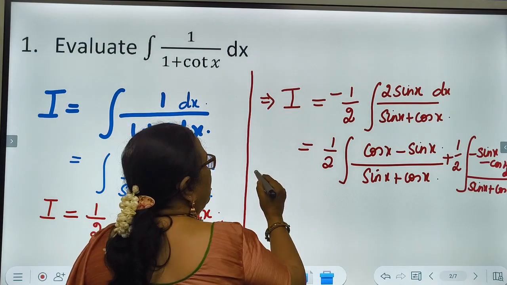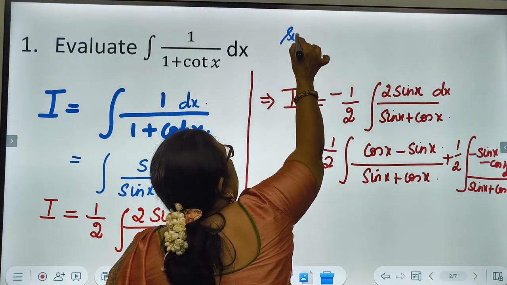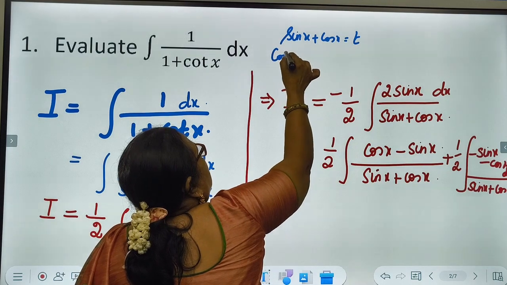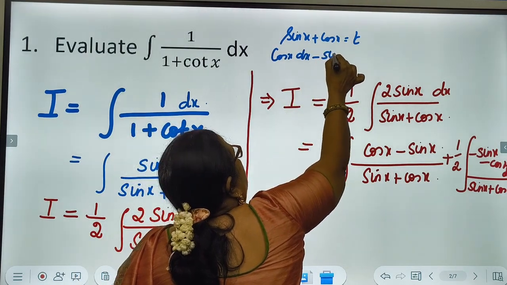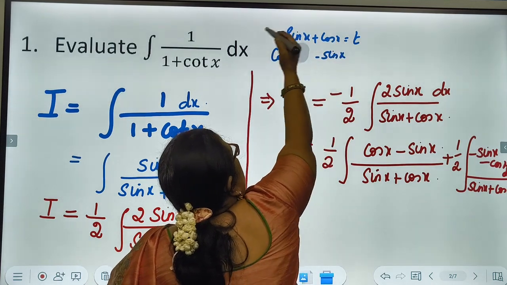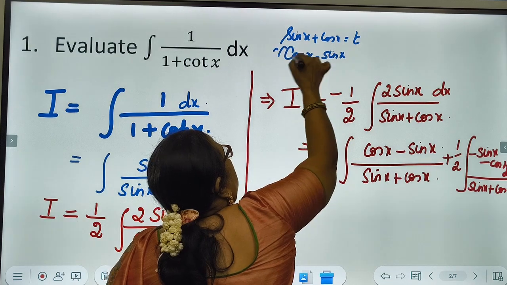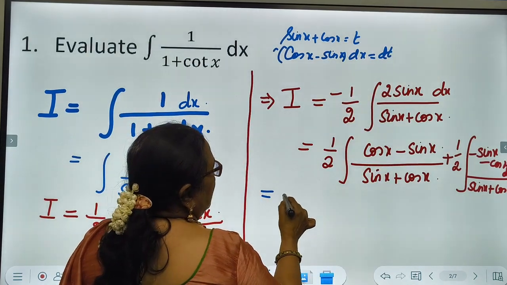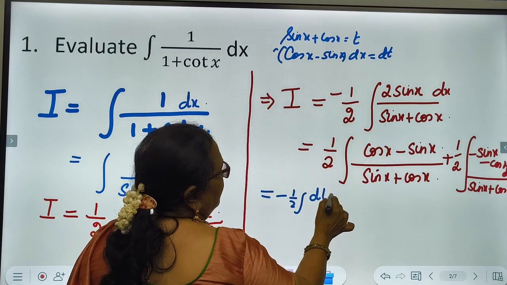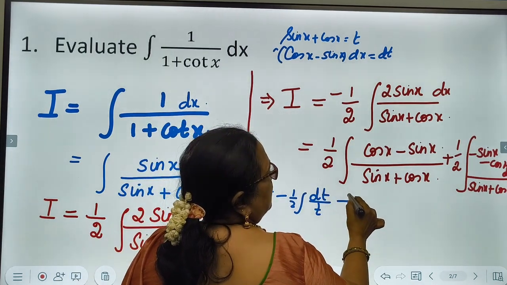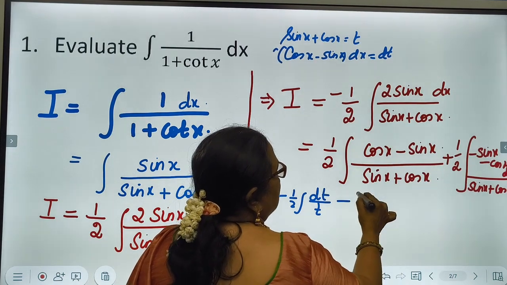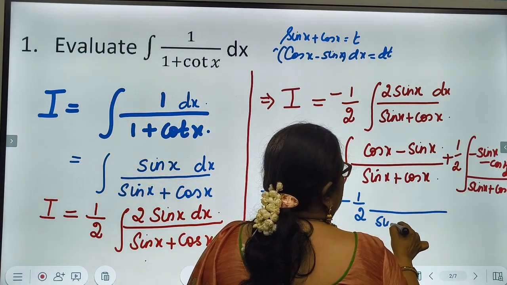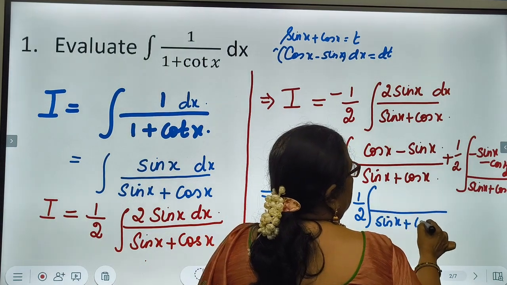Now, if I put sin x plus cos x as t, then cos x minus sin x dx will be dt. So I will get minus half dt by t plus half, or I can take out that minus sign common, minus half into sin x plus cos x.